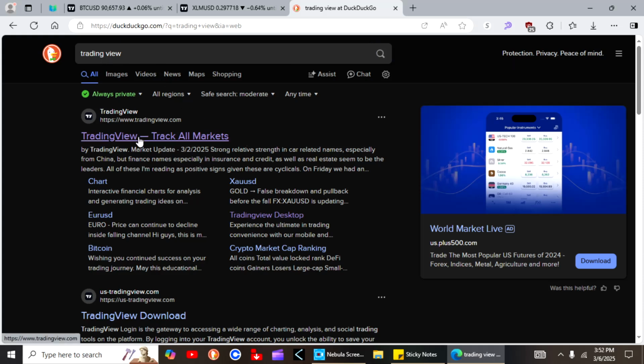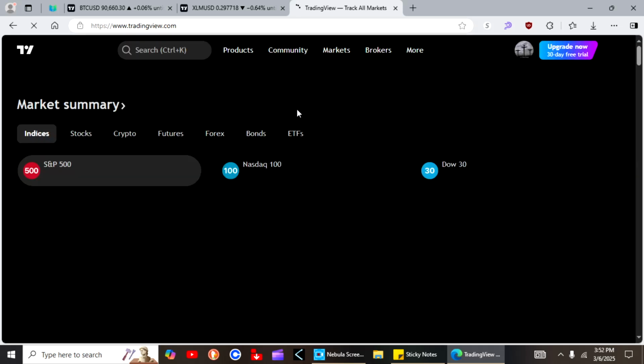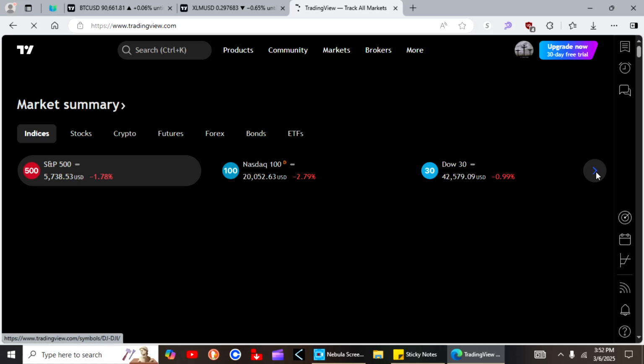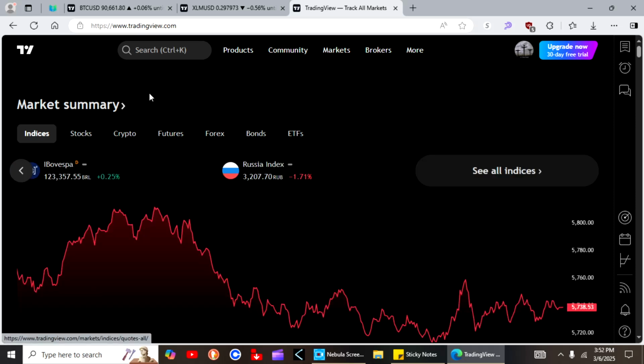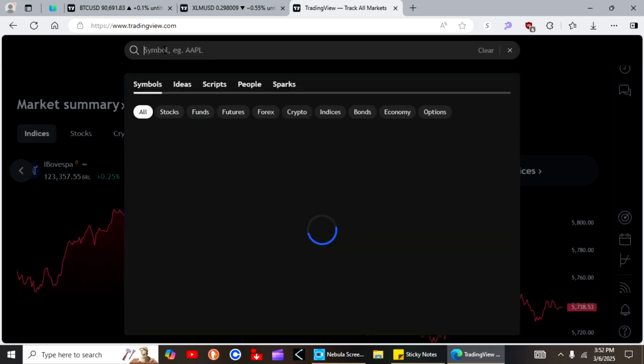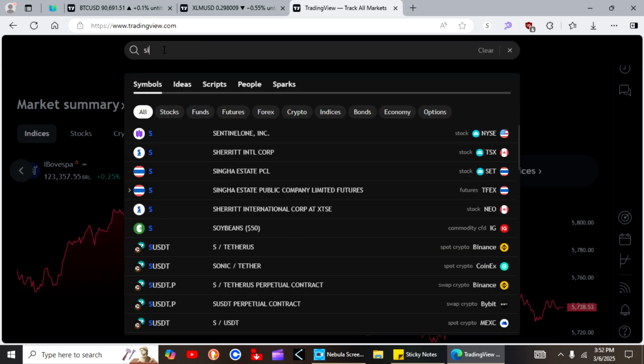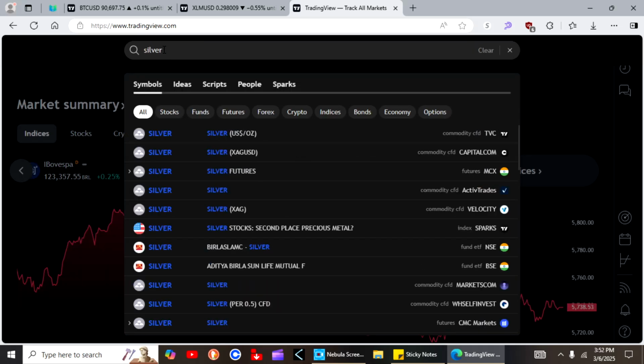But just type in TradingView in Google or DuckDuckGo. See, look, TradingView, track all markets. Click on that, and it shows you everything. But we want to put silver. The ounce spot price.